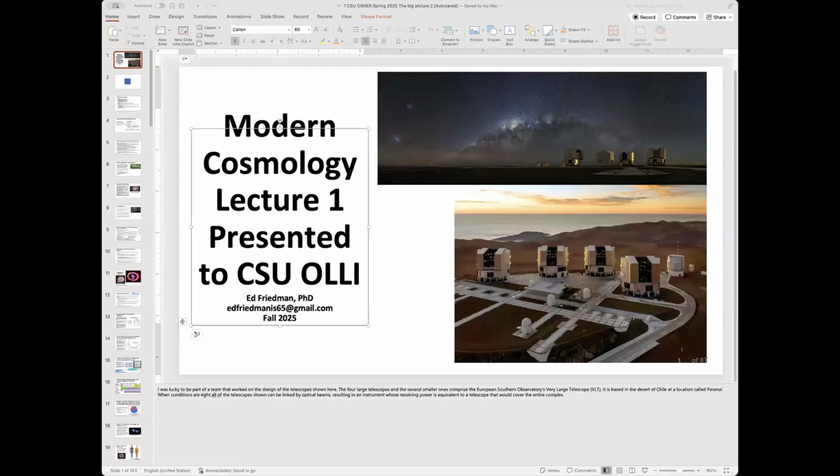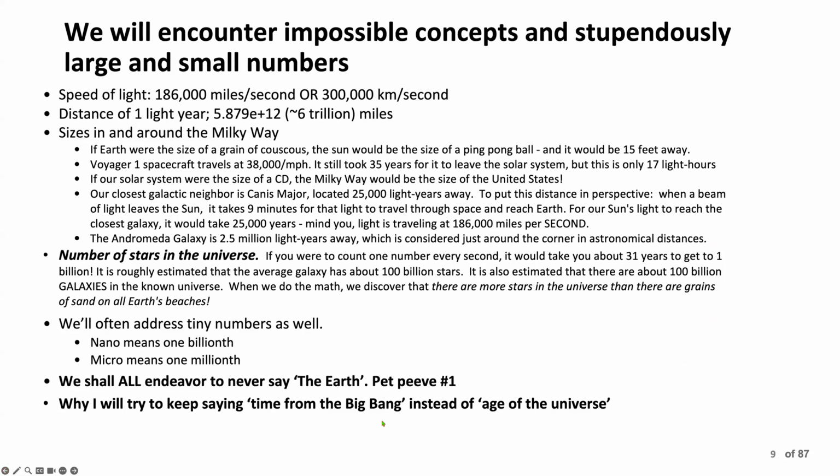We also want to be cautious about talking about the age of the universe. You will soon hear me talking about how old the universe is, and the typical number is about 13.8 billion years. But that could be misleading because we don't know what happened prior to the earliest time we know about. What we should be referring to is the time since the Big Bang, which we now embrace as the beginning of our observable universe.